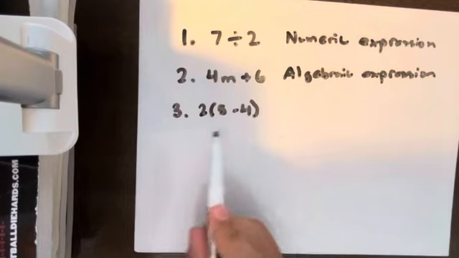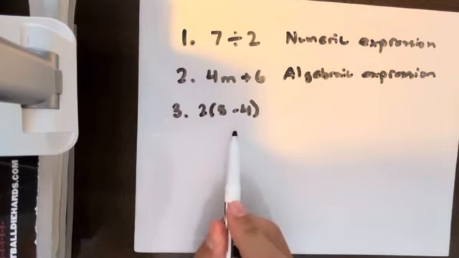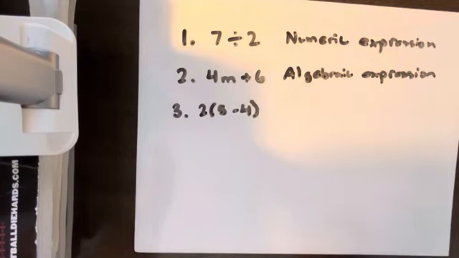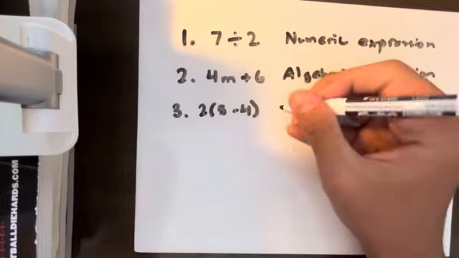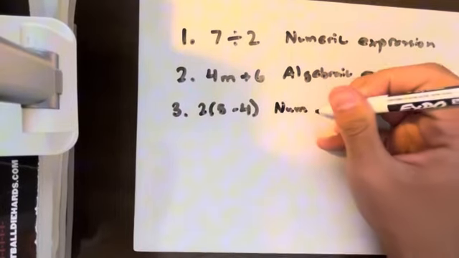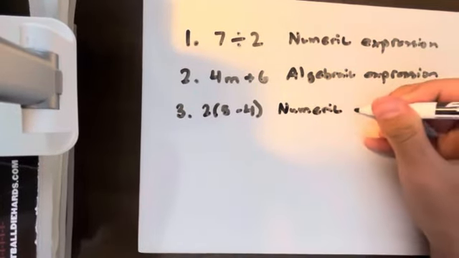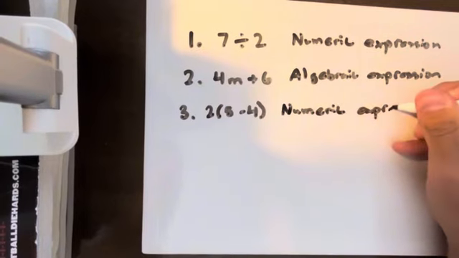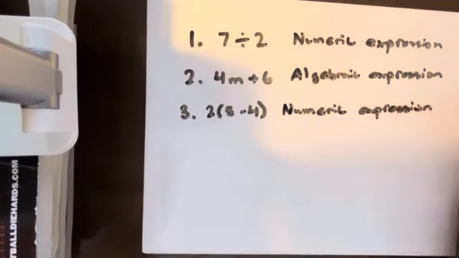That's a lot of stuff, but is there any variable included? No, there isn't. That would make it numeric. Hope you guys did all right on that section, and let's keep on rolling.